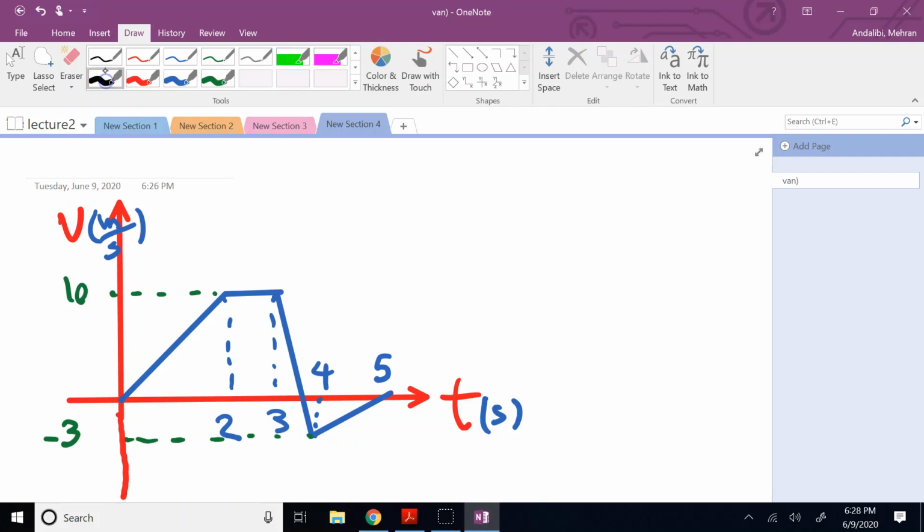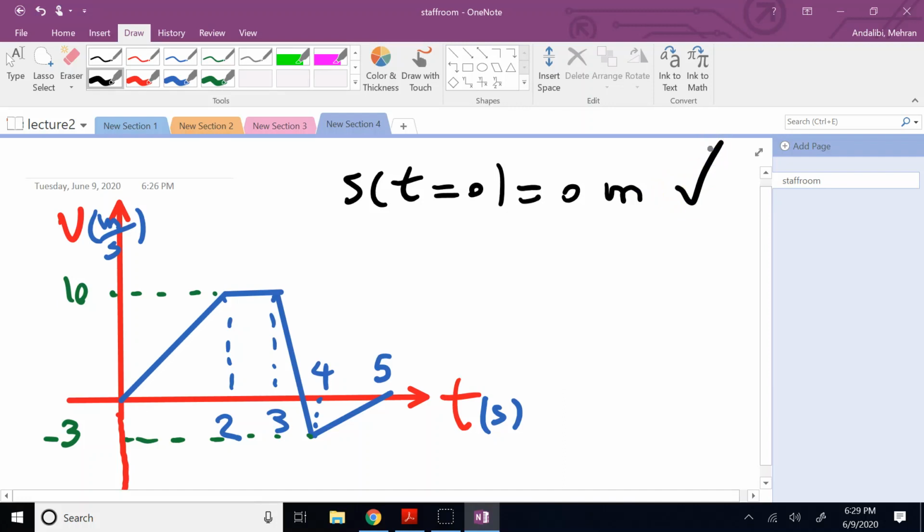Okay, so now my question is, if I tell you at the beginning of the time, s at time 0 was 0, so I started at origin. Okay, so I give you this piece of information.